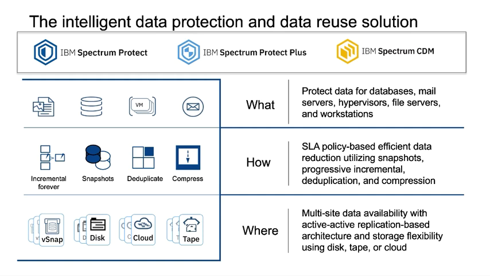Then IBM Spectrum Protect Plus, which is easy to install, has rapid time to value, virtual environment protection, modern application protection, container protection, instant restore, self-service, and data reuse. Spectrum Protect Plus is suitable for small to large installations, typically for operational recovery, disaster recovery, long-term data to be offloaded to object storage or to Spectrum Protect.